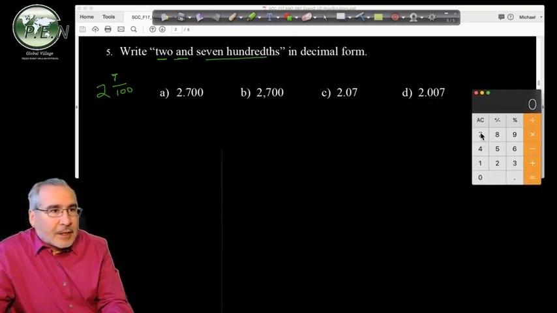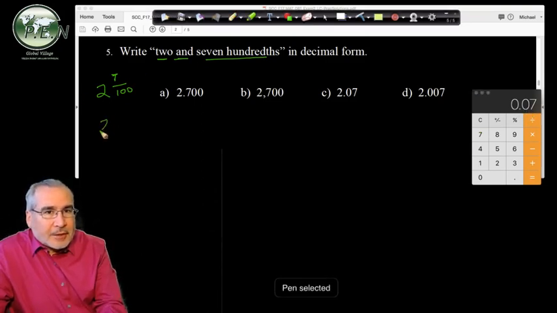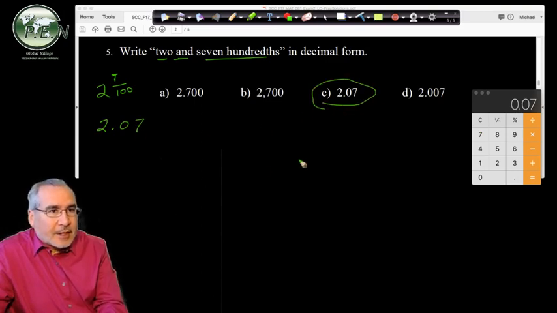We can simply take 7 divided by 100. That's going to be 0.07. So it should be 2.07, and that's going to get us to C.